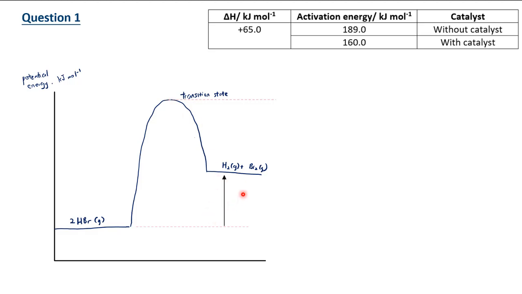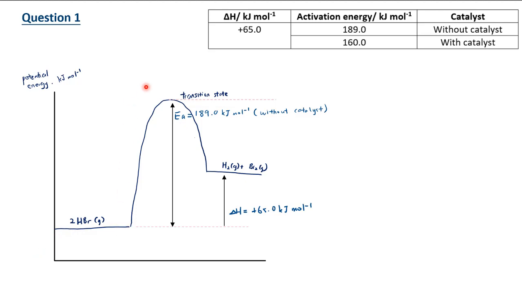Then label this one as the transition state, or you want to label as activated complex, that's fine. All right, so we label the delta H first. Since it's a positive value, your arrow goes from the reactants towards product, in an upwards direction. Positive 65 kilojoules per mole. And then the activation energy between your reactants and the transition state, this one is the one without catalyst, so 189 kilojoules per mole without catalyst. You need to label everything that you draw in your energy profile diagram.